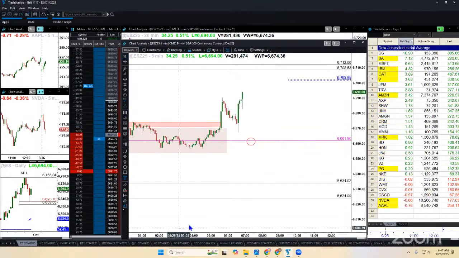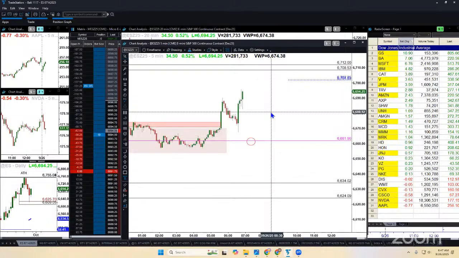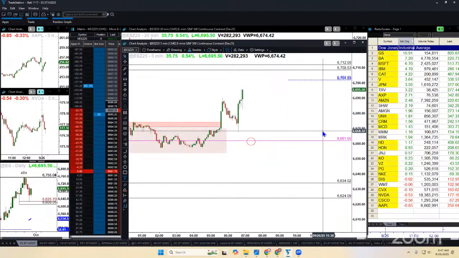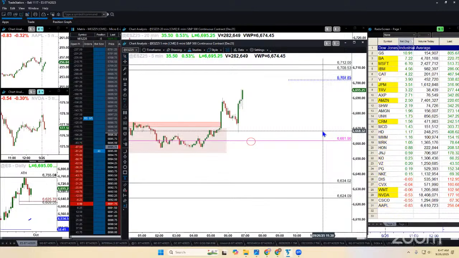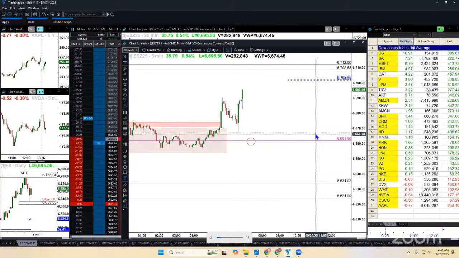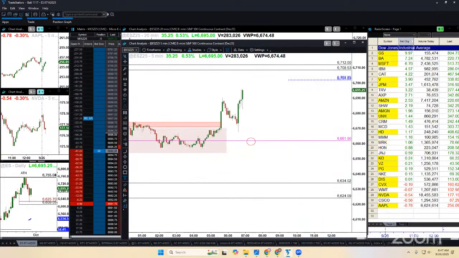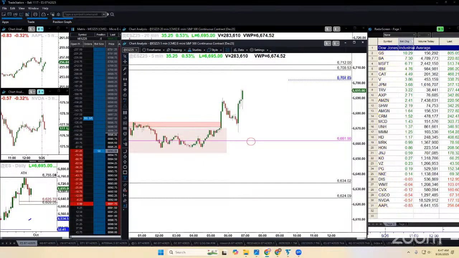Inside days generally take a smaller profit since the market conditions are choppier. Order working.